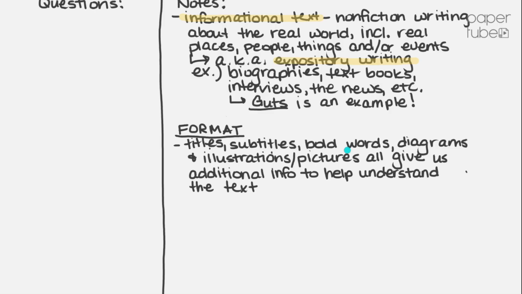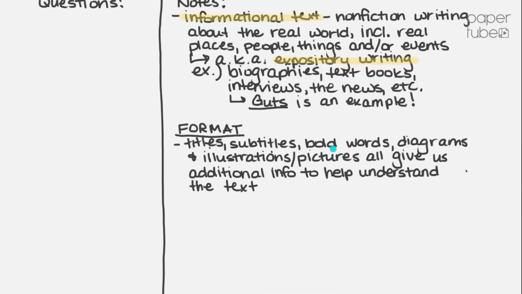Sometimes authors will use bold words to help set off important words that they want us to understand or to learn. And often in informational texts, we'll find diagrams, illustrations, pictures, graphs, etc., that all give us additional information that we can use to improve our comprehension of what we're reading.